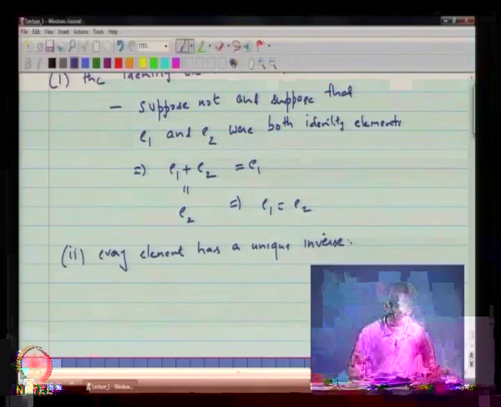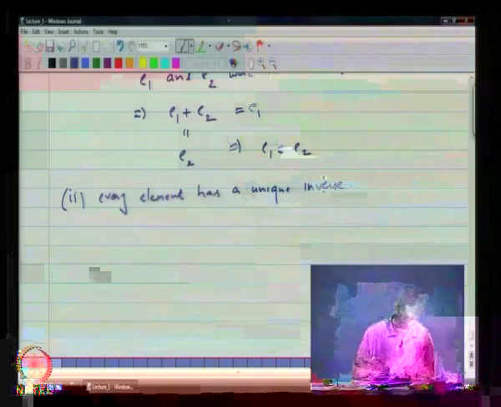The second property shows that even the inverses are unique. Every element has a unique inverse. How do we see that?